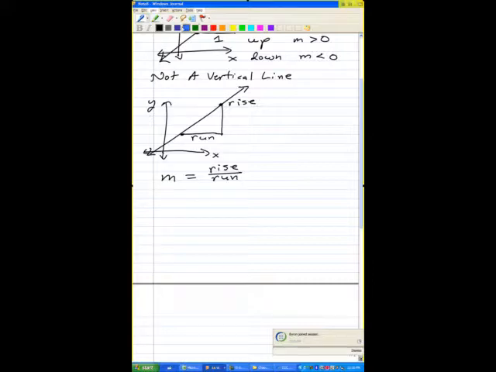It is the vertical change over the horizontal change.